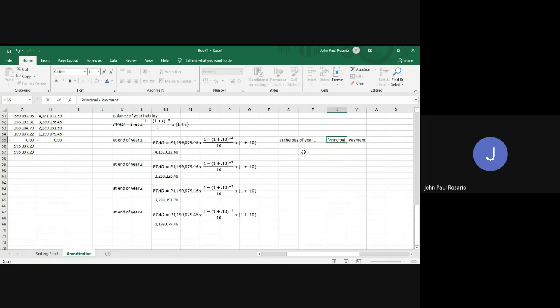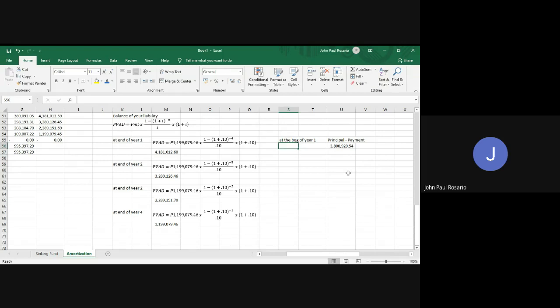Principal less payment at the beginning of year 1, which in this case is 5 million less the payment of 1,199,079.46. So this is our balance at the beginning of year 1 after payment. Take note that this is after payment.